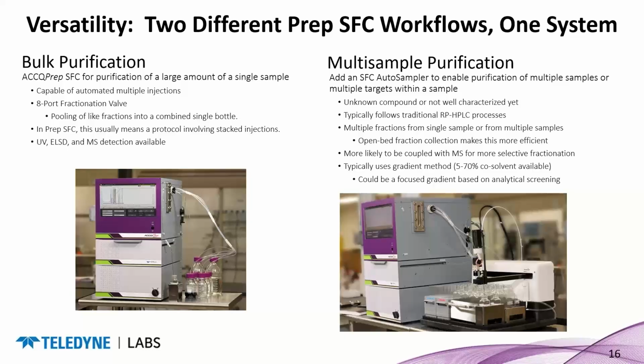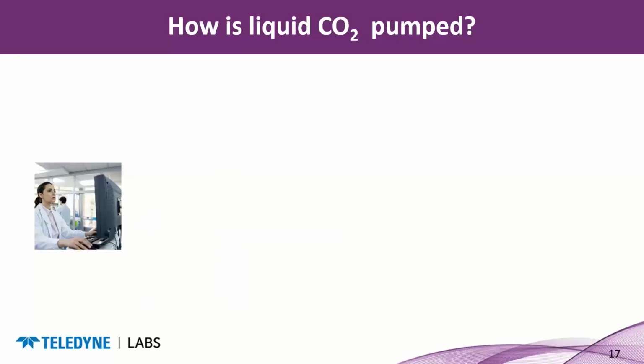I won't show that in this talk, but we have other documents that we can show you if you'd be interested in learning more about that algorithm and how to get prep conditions quickly without having to be a prep chromatography expert to come up with ideal conditions for scale.